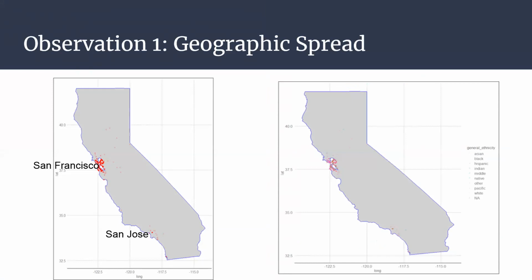As you may see, we have this wonderful map of San Francisco, actually California, and in our analysis, it comes out that most of the OkCupid users are concentrated in San Francisco and San Jose, which is a very interesting finding for us. And also the plot on the side shows that ethnicity is highly populated in each location.